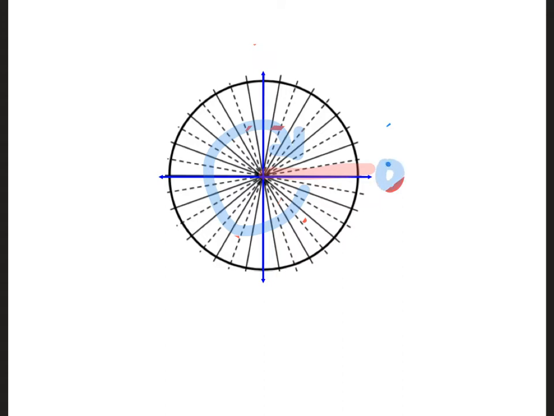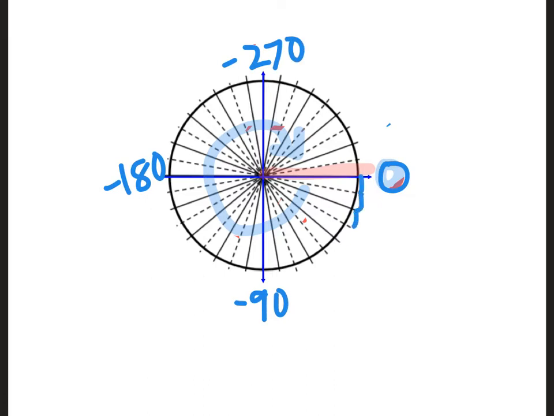But then at the bottom, you'll have negative 90, you'll have negative 180, and you'll have negative 270 on the top. And again, they go up by 10. So this would be 10, 20, 30, 40, 50, 60, 70, 80, 90. The only difference is it would be negative 10, negative 20, negative 30. You can still count them the same way backwards, just go up by 10s. Just know that your final answer is going to be negative if it's going in that direction.